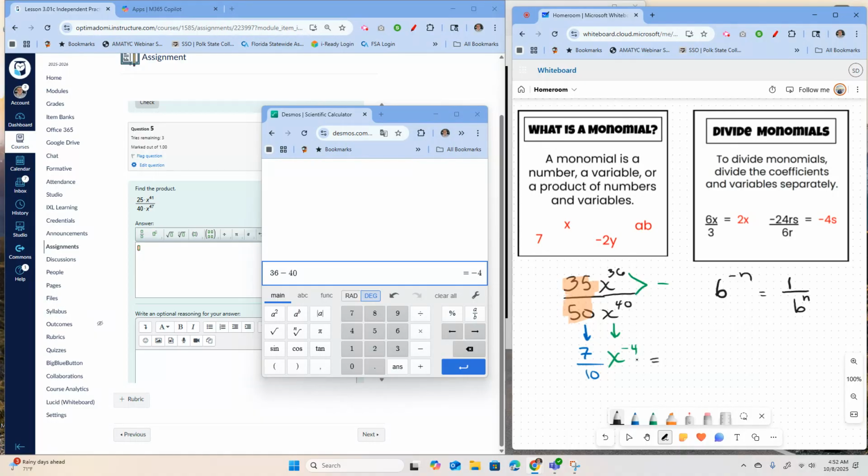So if I rewrite my answer here, it's going to look like this: 7x to the -4 power over 10. If you notice, the x has a negative exponent, so it's on the top of the fraction. You really want it on the bottom of the fraction because that's what the negative exponent is saying. That's why my final answer is going to be 7 over 10, with the x now on the bottom next to the 10, but with a positive exponent. I hope this helps.